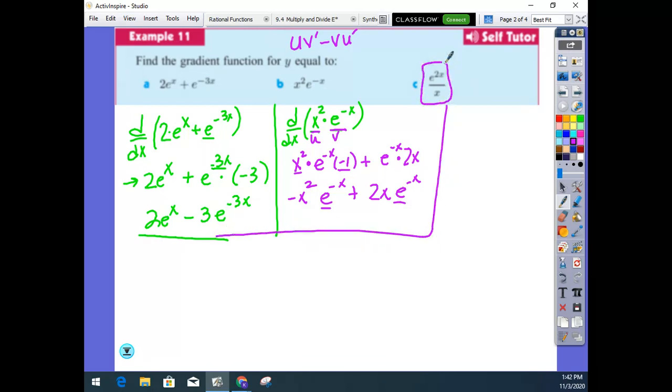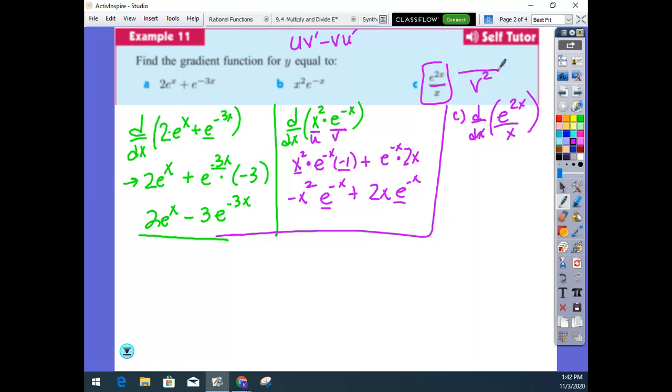And here's a quotient rule. Square the bottom. So whatever's on the bottom, just square it. That's what I start with on the top.